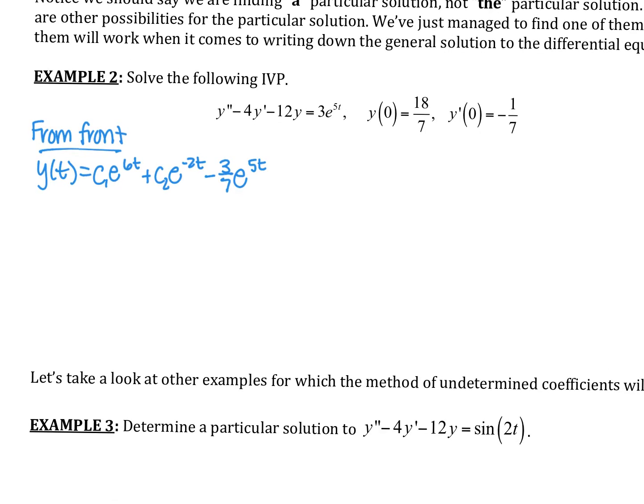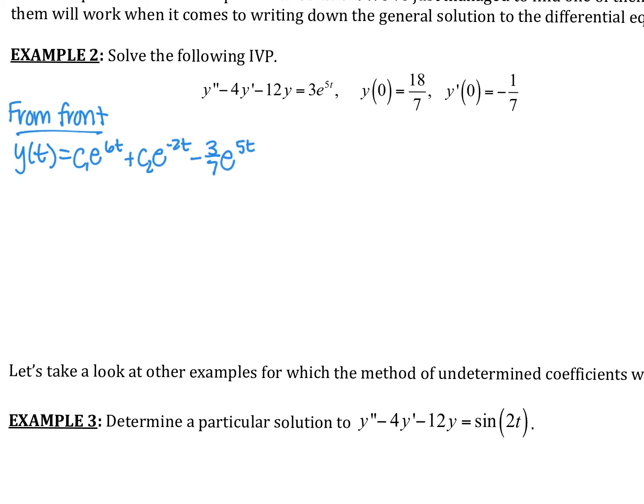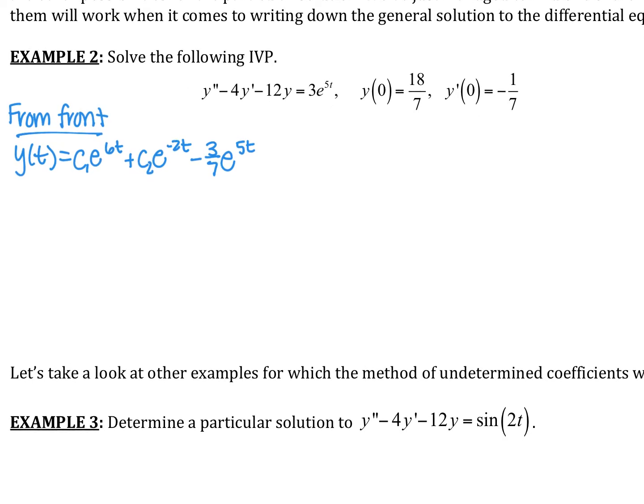Take the derivatives and plug it in. If we start with just the one that's given, because I don't need to take a derivative there, I would get 18/7 equals c1 e to the 0t plus c2 e to the 0t minus 3/7 e to the 0t. 0 would be t.